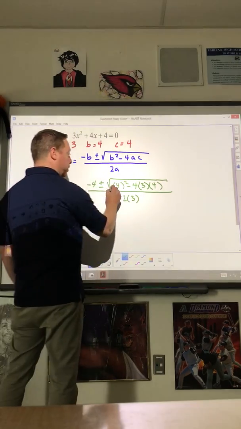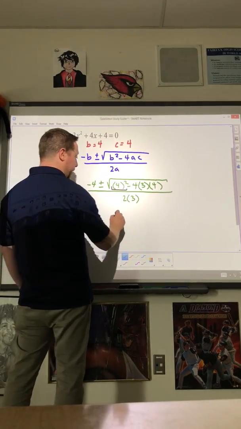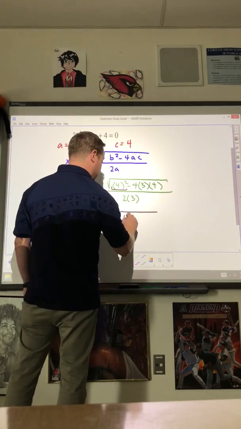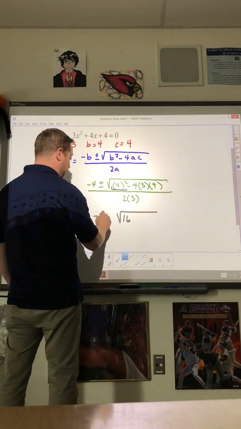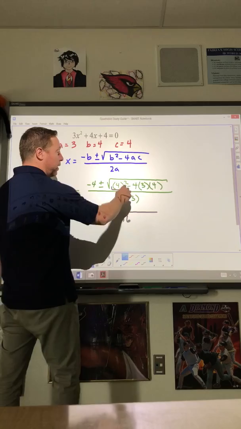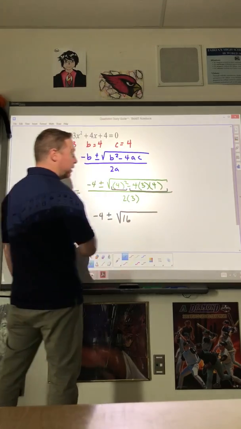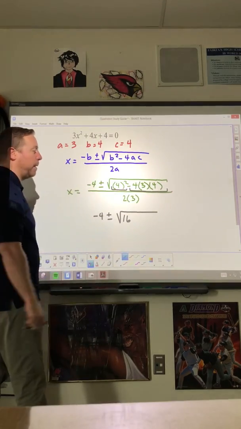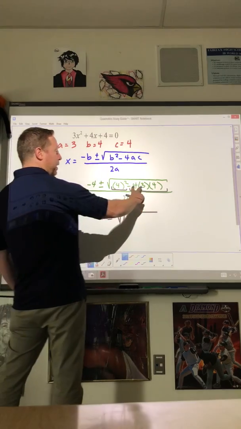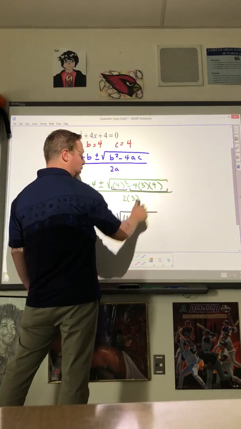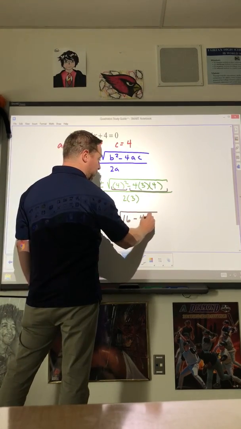Okay, I'm going to simplify here. 4 squared is 16. I've got my negative 4 plus or minus out front still. I'm going to simplify all of this at once. That's negative 4 times 3 is negative 12. Negative 12 times positive 4 is negative 48.